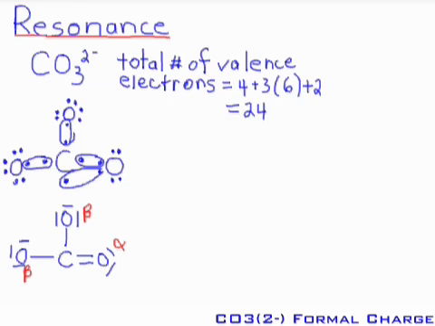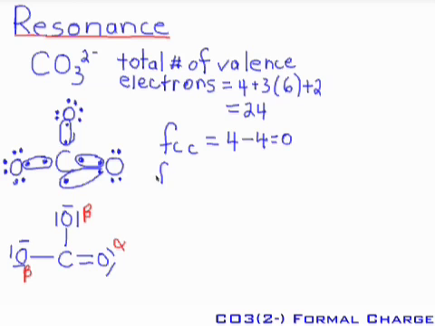And so I'm going to now begin a formal charge calculation. I'm going to start with the formal charge of my carbon atom. Carbon has 4 valence electrons from the periodic table. And if I count up the number of electrons it has around it in the structure, assuming equal sharing, carbon gets 1 electron for each bond. 1, 2, 3, 4. Has no lone pairs, so 4 minus 4 equals 0.